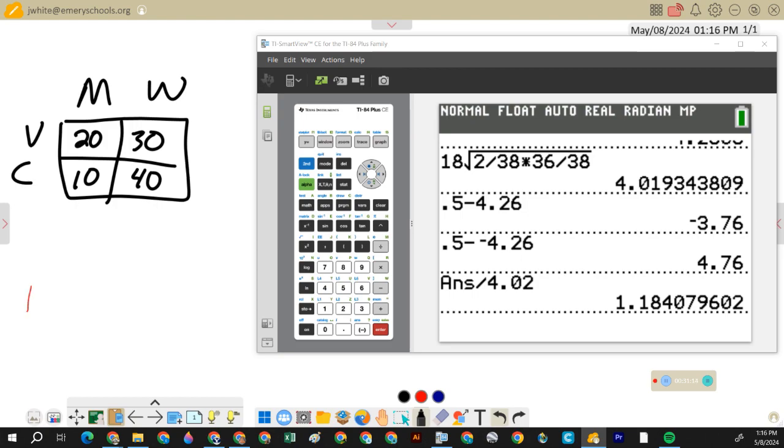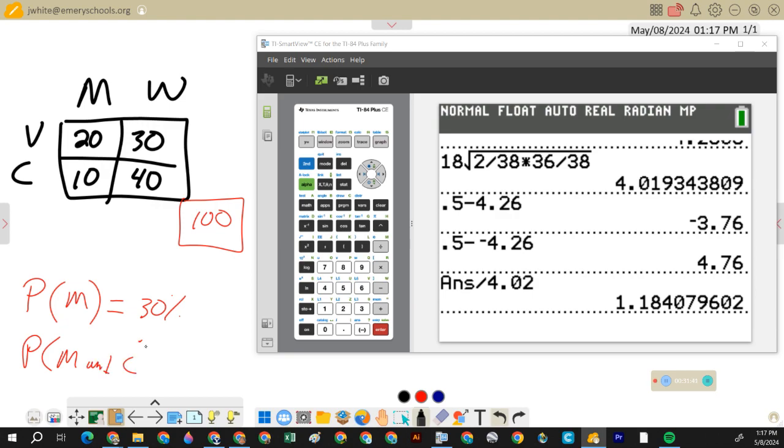What is the probability? So that total is 100. What is the probability of picking a male? 30%. So I talked to 100 people, asked them, are you male or female? Do you prefer vanilla or chocolate ice cream? Okay. What is the probability of male and chocolate?